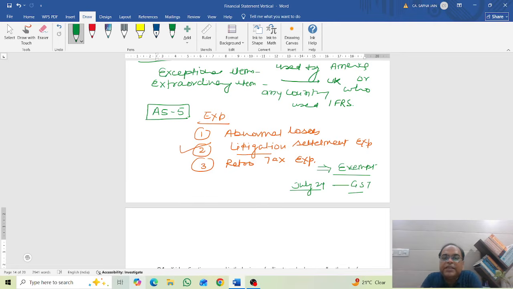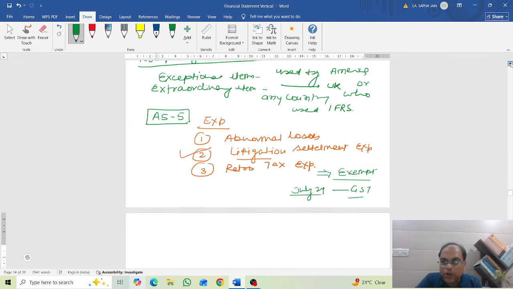Then who will bear the GST on hostel and PG after 24 July onward? So definitely your college has to bear the GST on hostel and PG. This expense is called retro tax expenses.